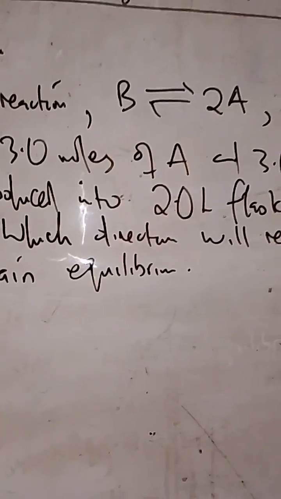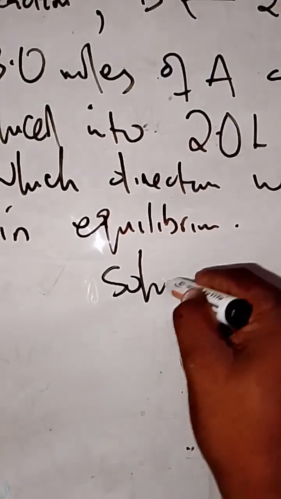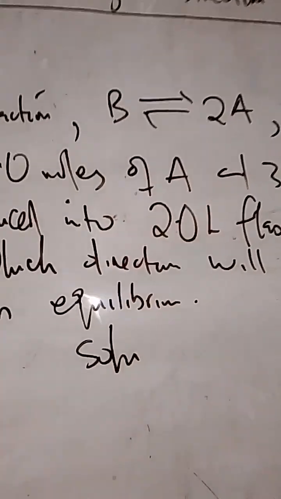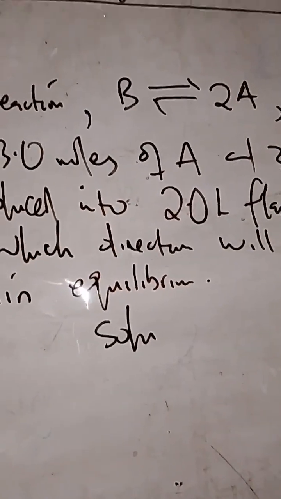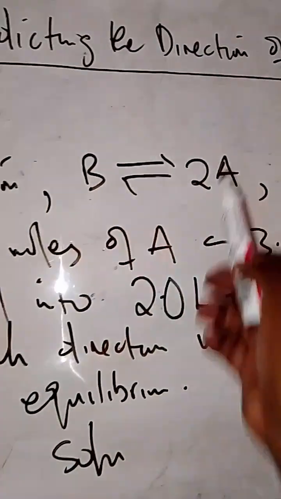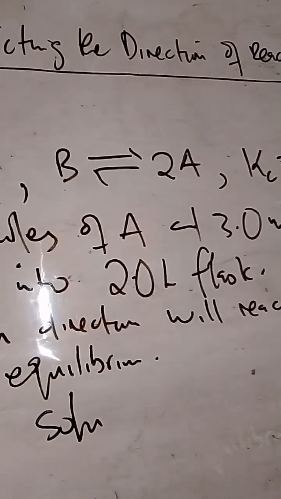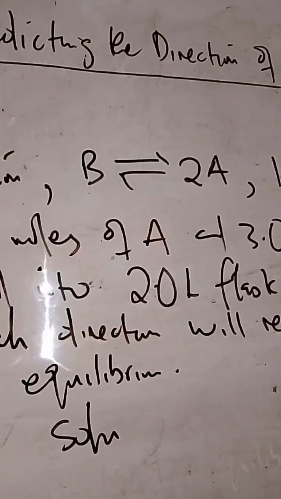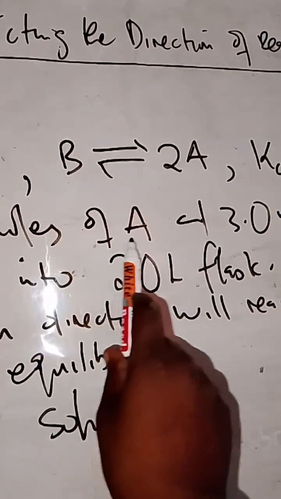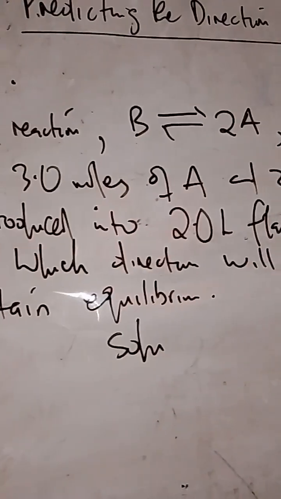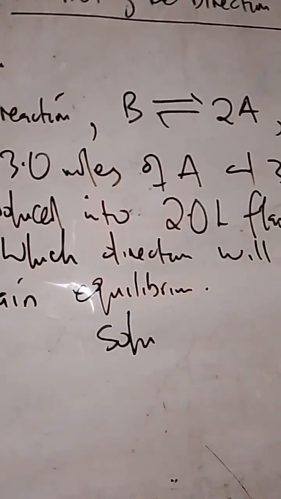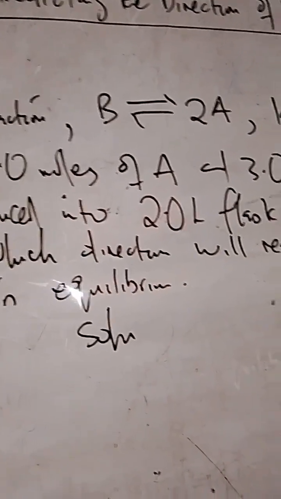So what we need to do here is to first calculate Q. In order for us to calculate Q, we need the initial concentrations of B and A. We have 3 moles of A and 3 moles of B, in a 2 liter vessel.